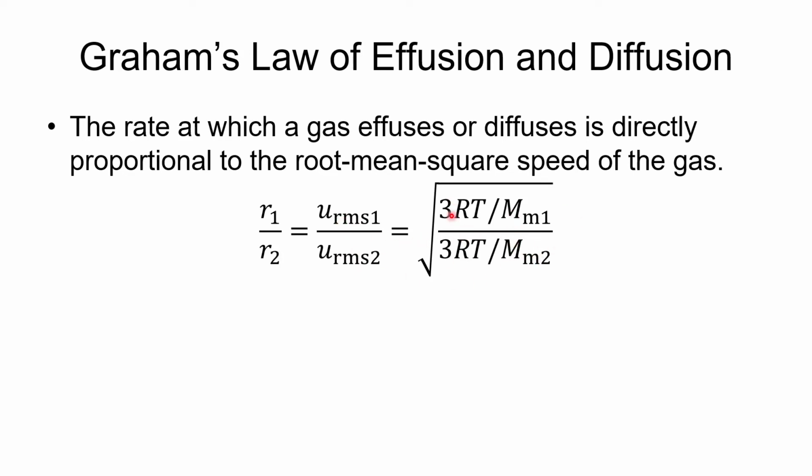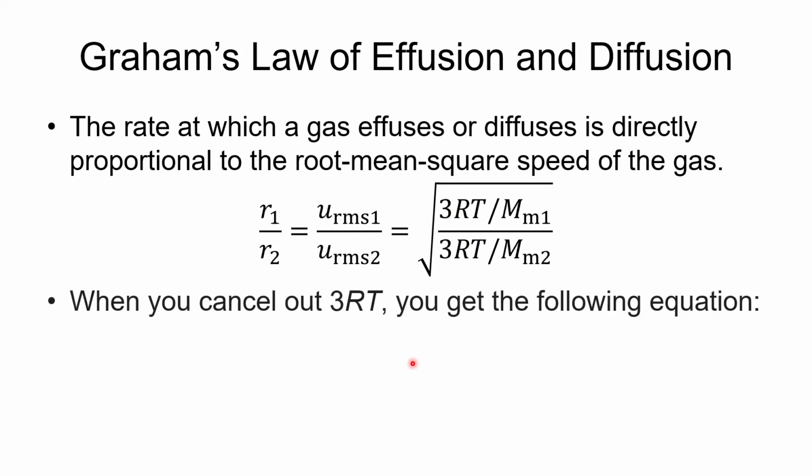Now, with this equation, if we cancel out the 3RT, we're going to get this. So the rate of 1 divided by the rate of 2 is equal to the square root of the molar mass of 2 divided by the molar mass of 1. And that's kind of cool. So what this says is the lighter the molecule, the faster it effuses. Or diffuses, if we're looking at diffusion.